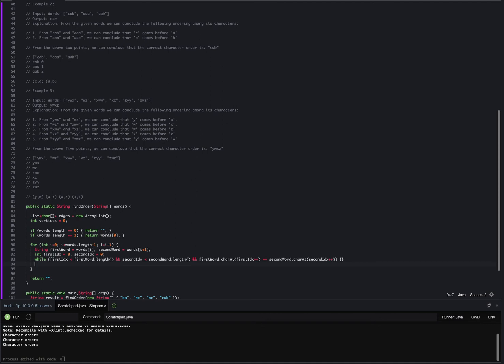So yeah, okay, that would give us the edges, but we also need to compute the vertices.